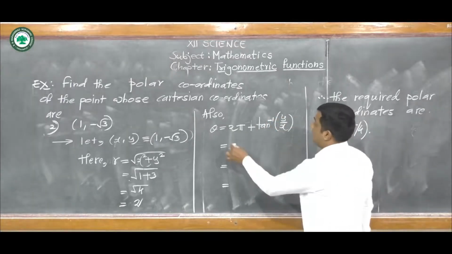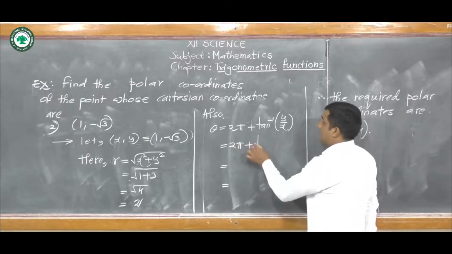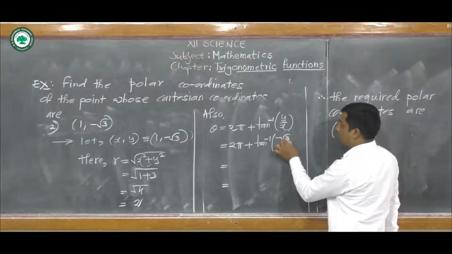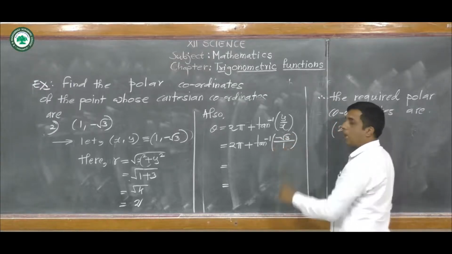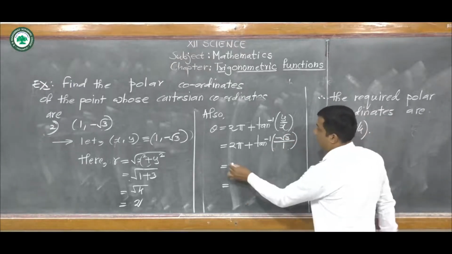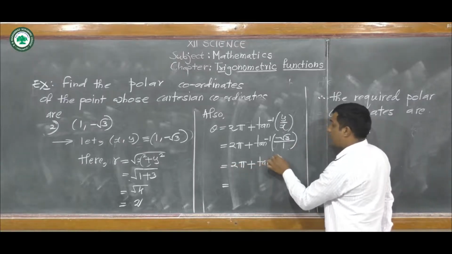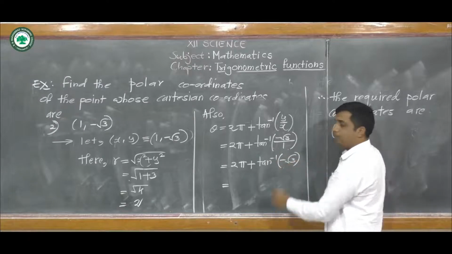Here 2 pi plus tan inverse of, we know y is minus root 3 upon x is 1, which is equal to 2 pi plus tan inverse of minus root 3.